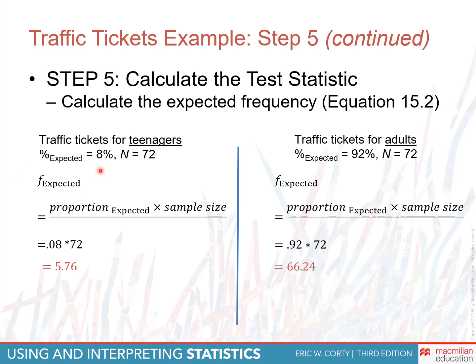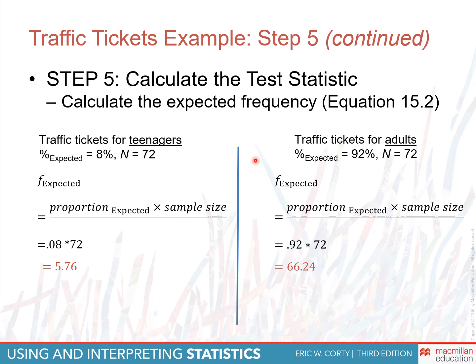We had a total sample size of 72, so we would expect 8% of those 72 tickets to go to teenagers. So we multiply our sample size of 72 by our proportion expressed as a decimal, 0.08, which is the same as 8%. 0.08 times 72 gives us 5.76. So we would expect to have 5.76 tickets among teenagers if the null hypothesis were true.